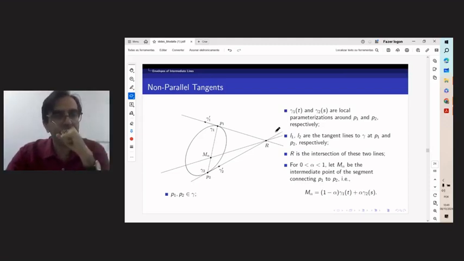Well, in the first case, when we have non-parallel tangents, we consider gamma 1(t) and gamma 2(s) as local parameterizations around P1 and P2. We consider a local parameterization around each point, and simply, for alpha between 0 and 1, the intermediate point is this point.